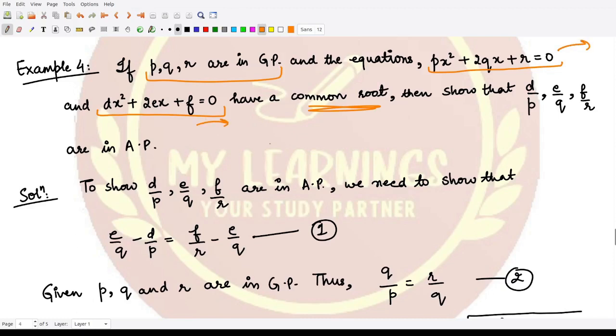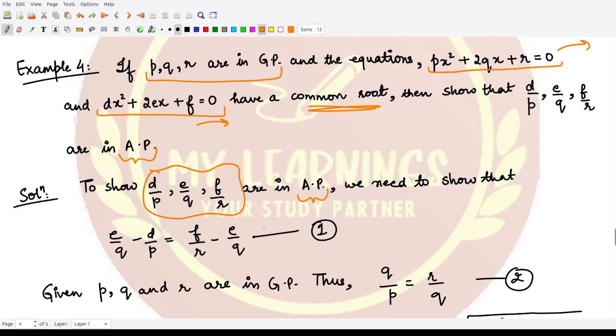In that case, what we need to prove is that these three things, d/p, e/q and f/r, are in AP. Now, in order to show that all three numbers are in AP, we need to prove their common difference is the same, because we are talking about arithmetic progression.